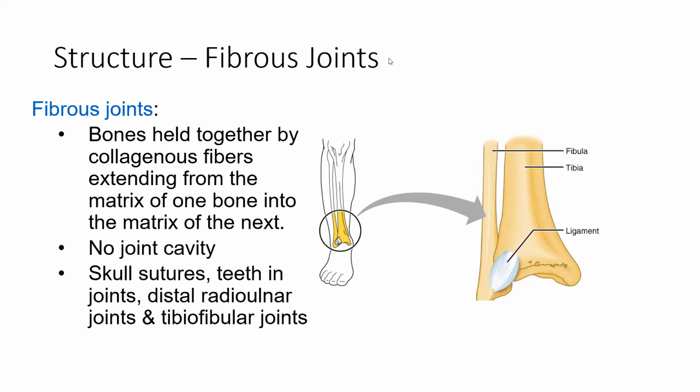And no, that's at the elbow. It's approximately near the wrist. The distal, I guess it depends on which way you're looking at it. If you're looking at the elbow, that's near you, and the wrist is far away, but it's looking at it from the other perspective. The tibiofibular joint is what I was showing you earlier.